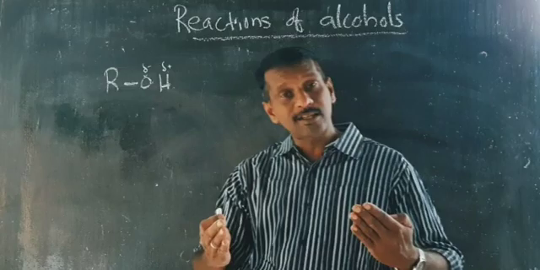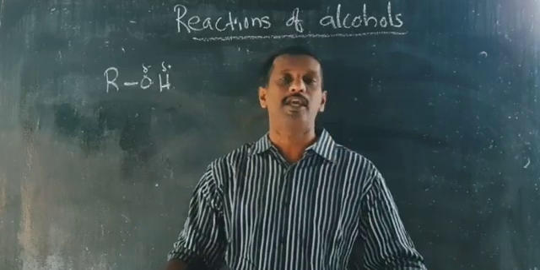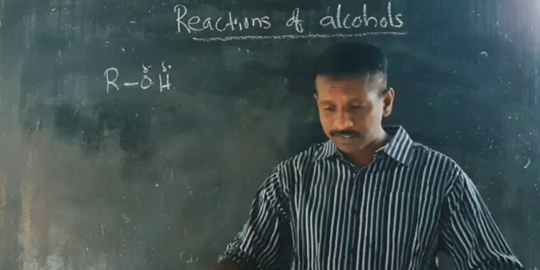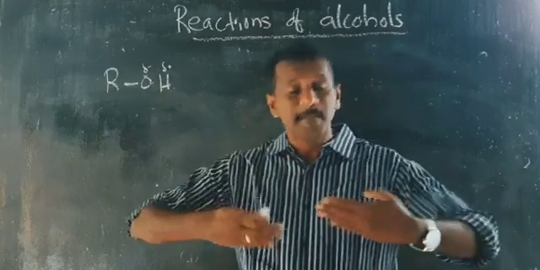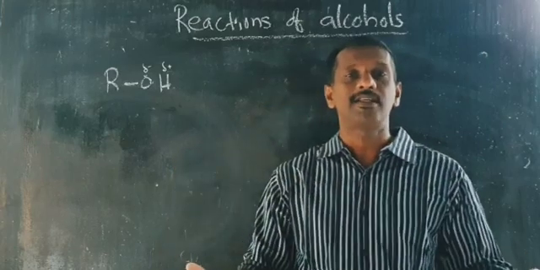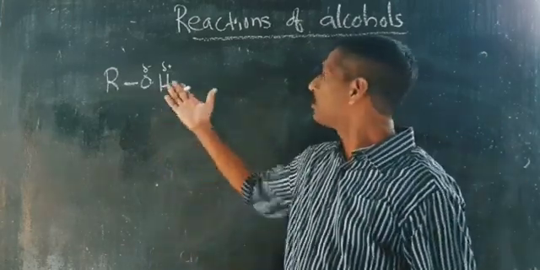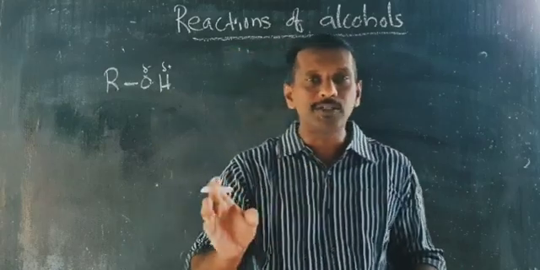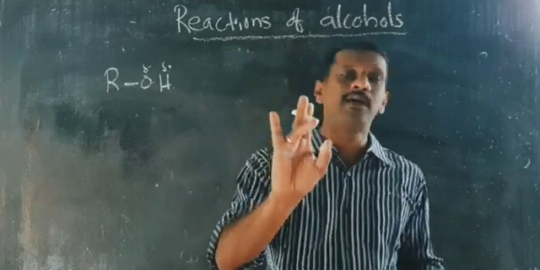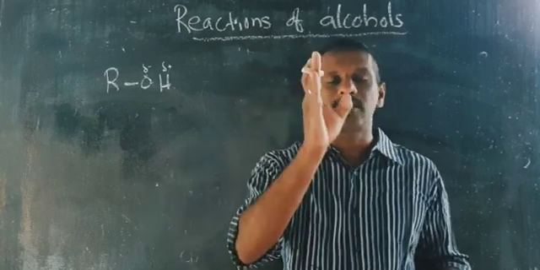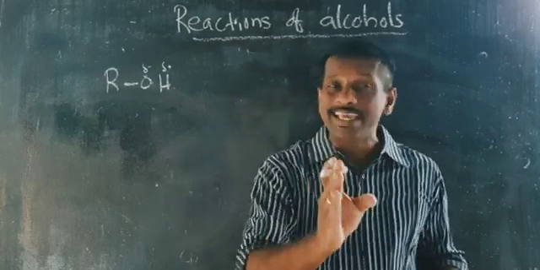Now, why is alcohol weakly acidic in nature? A strong acid is a species which can immediately produce H plus ions. If the removal of H plus is not easy, that substance is weakly acidic in nature.